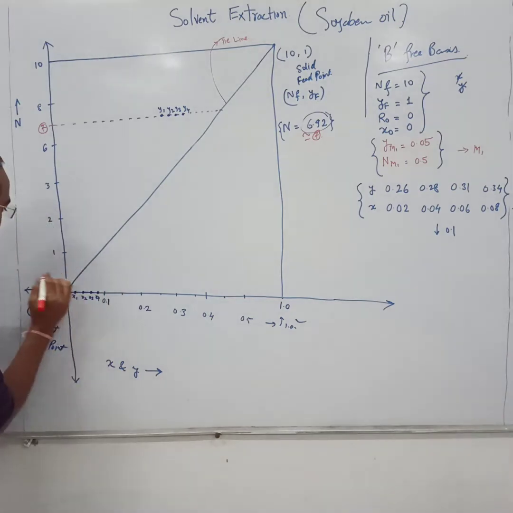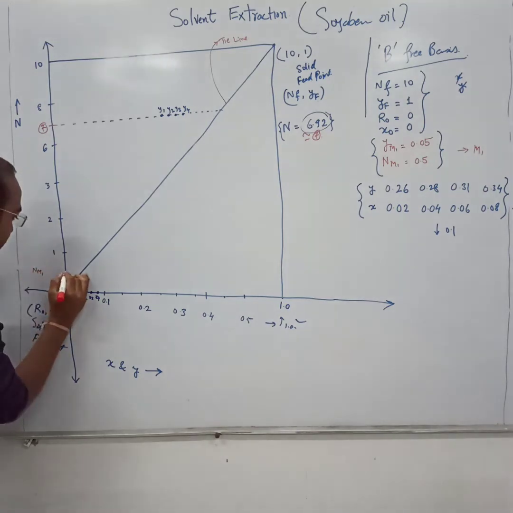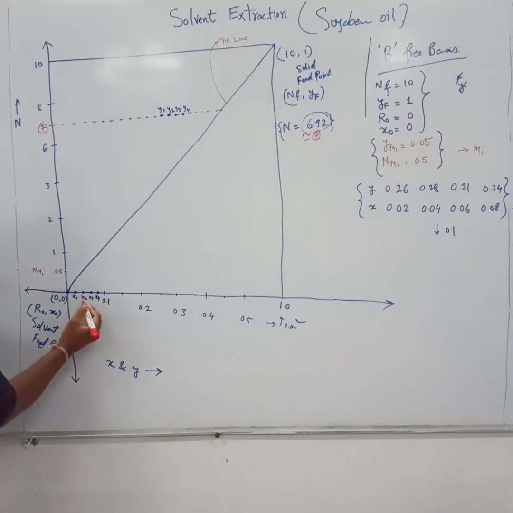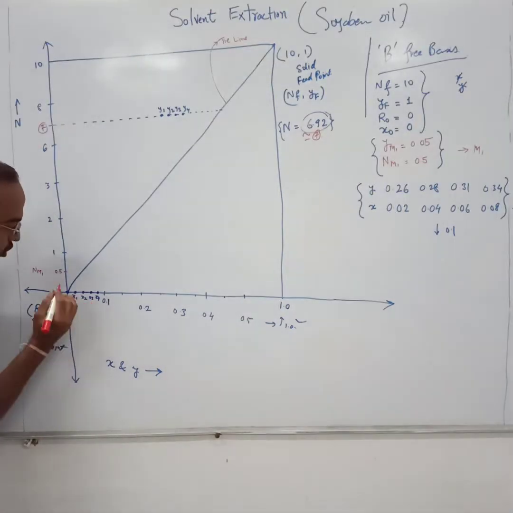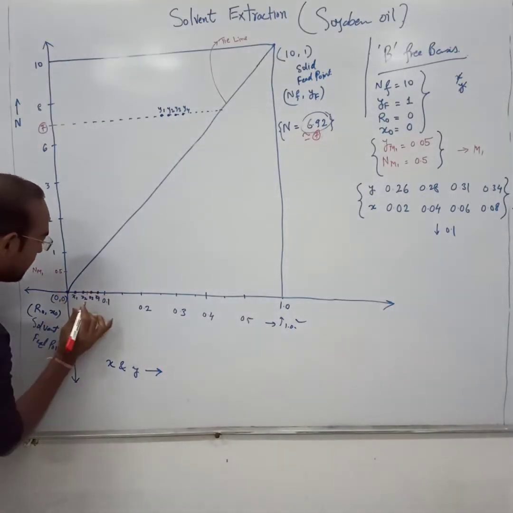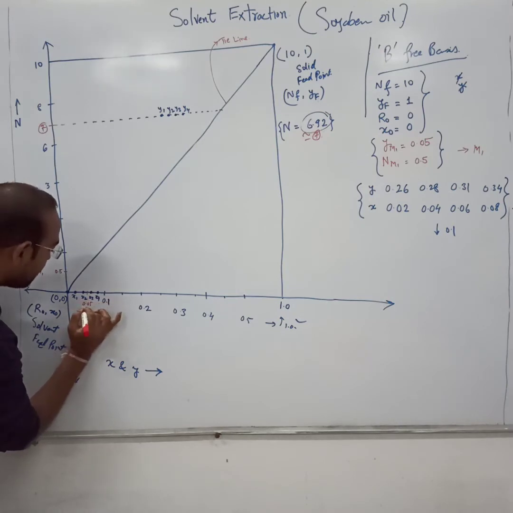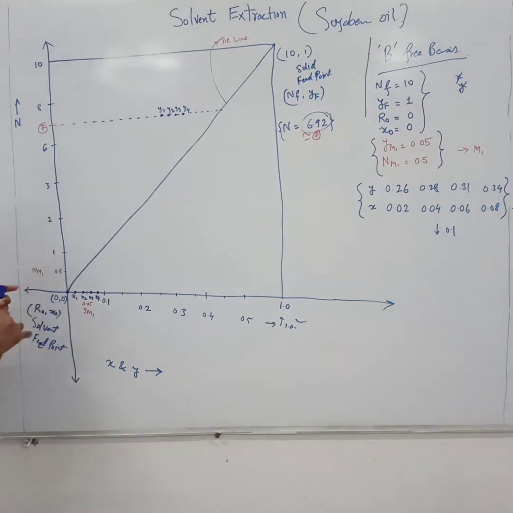And xm1 is here, which is 0.05, since x2 is 0.04 and x3 is 0.06, so this is your 0.05, that is ym1.